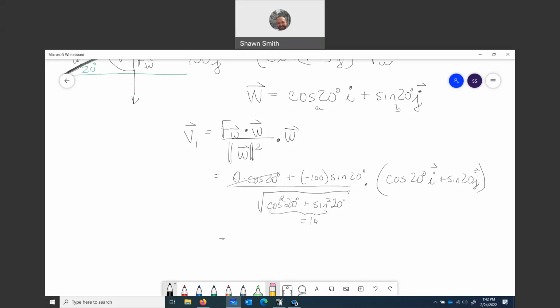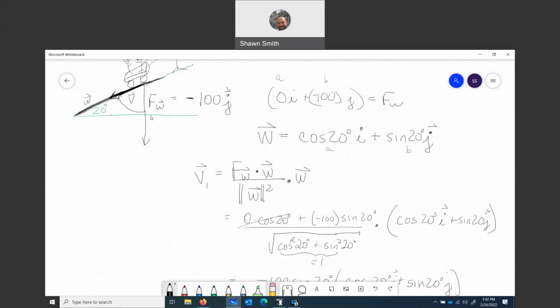So what's left over is just negative 100 sine 20 degrees times the cosine of 20 degrees I plus sine 20 degrees J. All right, this represents your V1, which is parallel to W.